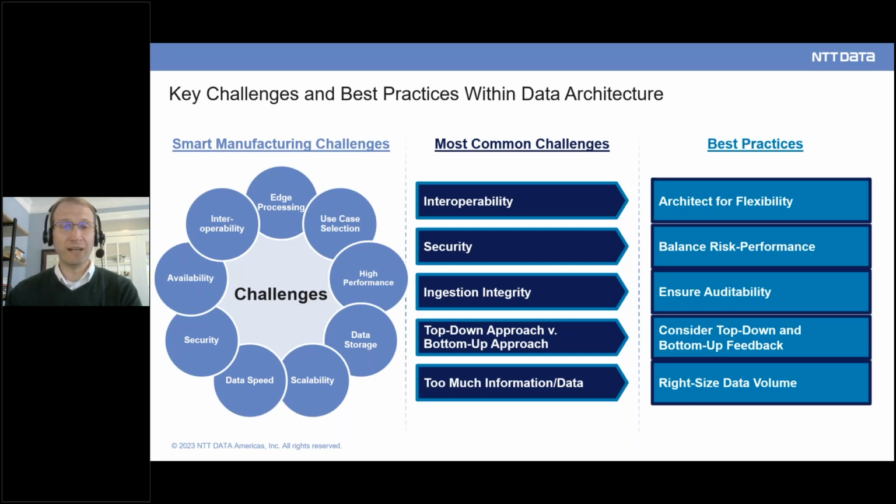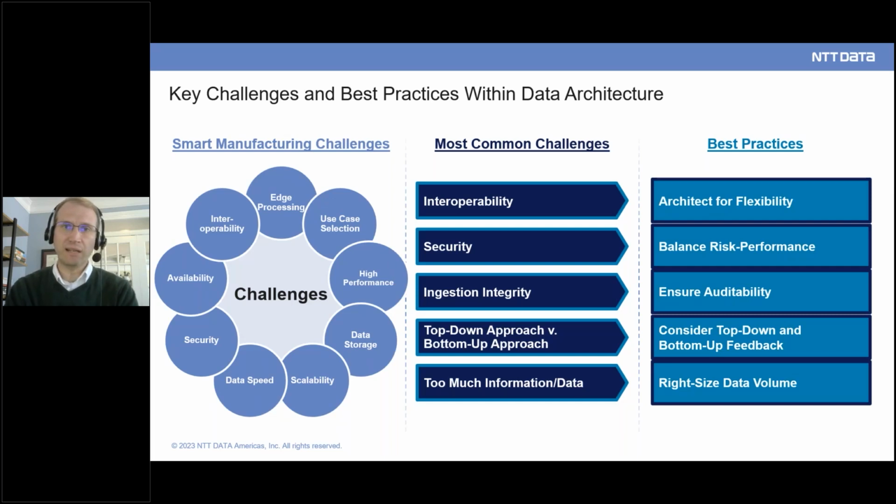We're going to get into a more detailed solution approach a bit later, so I'm not going to beleaguer these, but the best practice around interoperability comes down to architecting for flexibility. That gets to ensuring that you've got the right components to account for the type of action that you seek to take with your data.